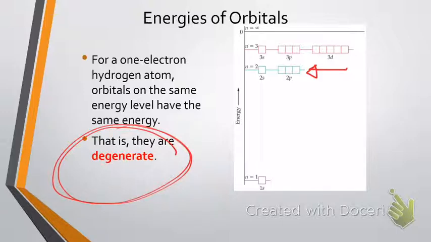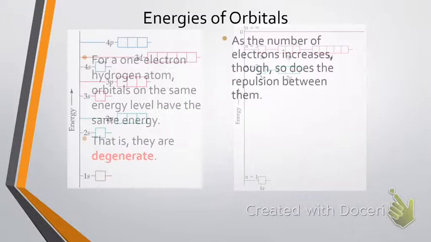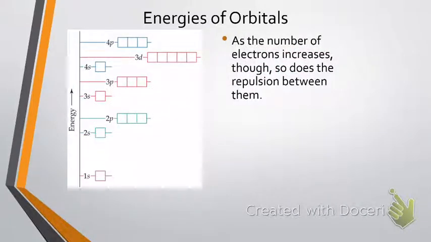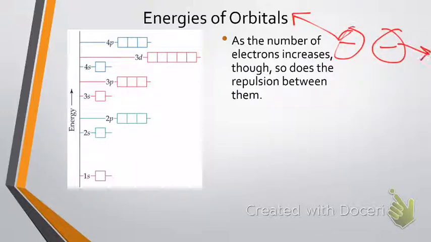After helium, which has 2, we get lithium that has 3, and so on and so forth. Then it gets more complicated, because once we have more than one electron, since they are both negatively charged, they're going to start to repel each other. Like charges repel each other.